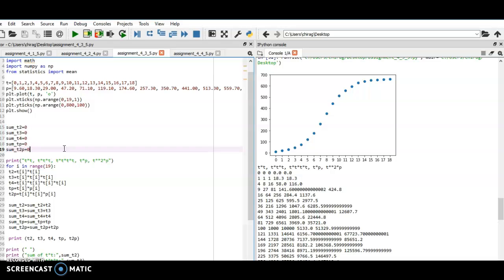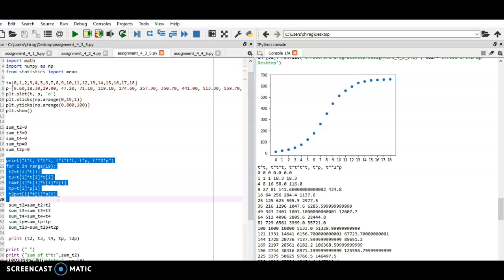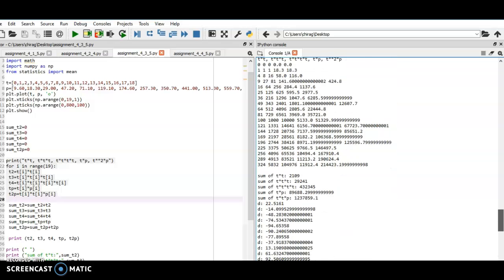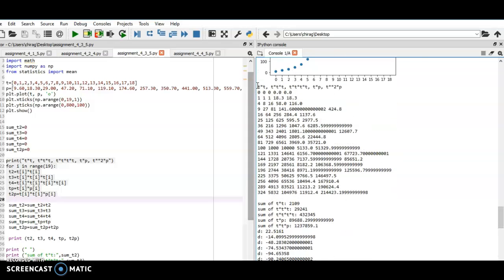Then we are running a loop and creating a table to be used for the quadratic model. We are creating the values for t square, t cube, t to the fourth, then t multiplied by p and then t square multiplied by p.